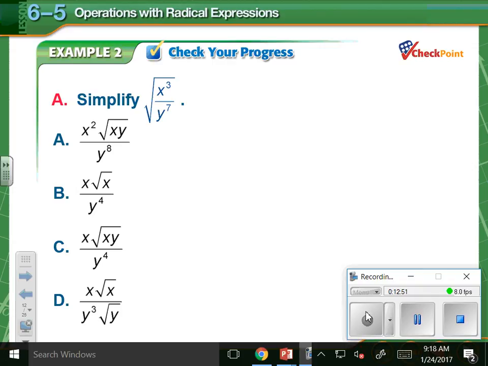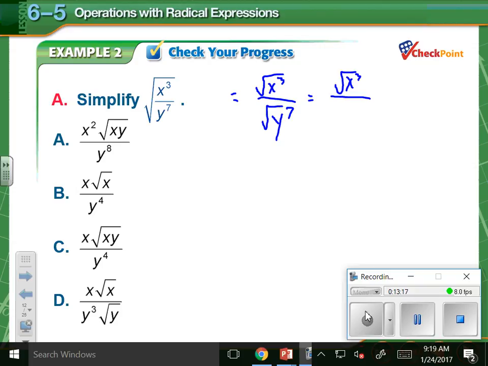Square root. Okay? So square root of x to the third over square root of y to the seventh. So that would break up into square root of x to the third over, and I can break that up later. What do I do with that?